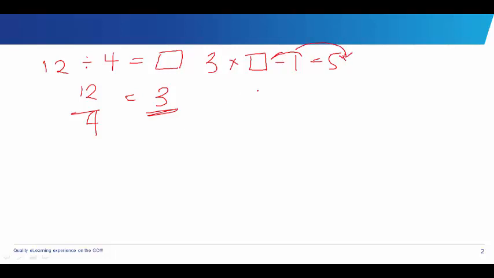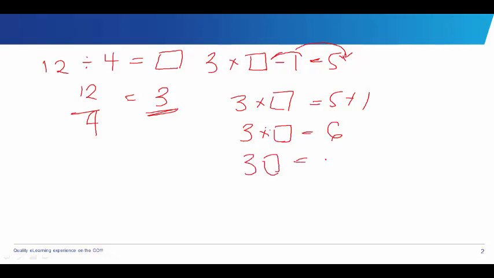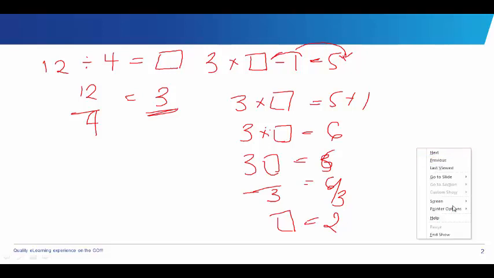Because it crosses over to this side, the minus becomes plus. So we'll have 3 times our box now be 5 plus 1. So 3 times our box will now be equal to 6. Since it's 3 times our box, we divide by 3 so that we'll have box left here. 6 divided by 3, so we'll have our box equals 2. So our answer for that question is 2.